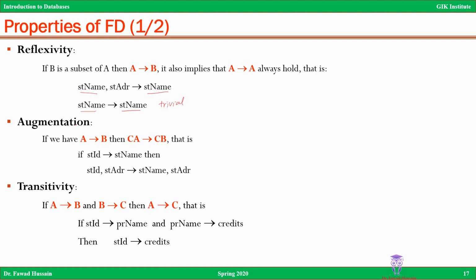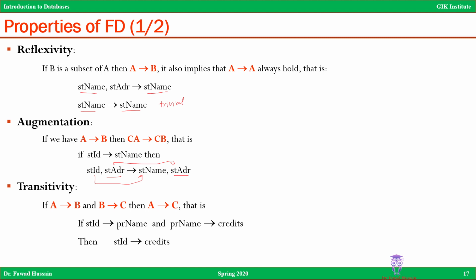The next one is augmentation. If I have A implies B, I can add C here and I can add C here without having any major consequences. So if I say that the student ID determines the student name, then the student ID and address determines the name and address. There is nothing wrong with that. I have the address determining the address, and already I had the student ID determining the name. So this works fine, and I can augment it.